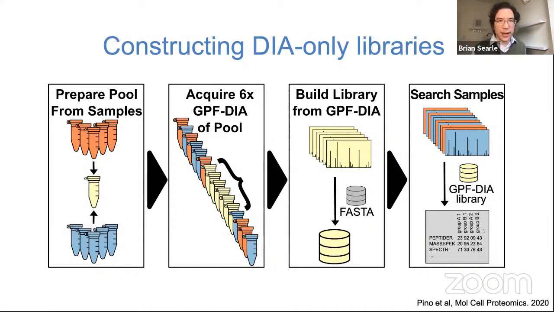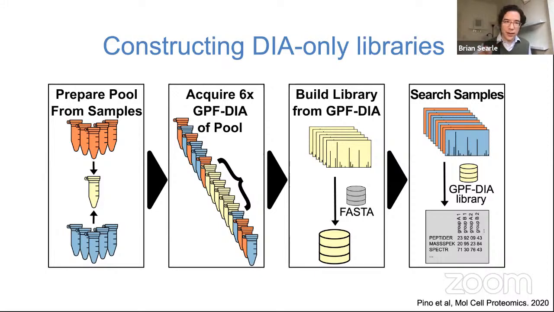We want to analyze these together and we want to build a library for them. What I will do in this type of experiment is take a sub-aliquot off the top of each one. Oftentimes you can get a microliter out of the bottom of each well anyway, so this is free sample when you think about it. I will take a sub-aliquot off of each one of those and pool them together into a single pool. That's that yellow sample.